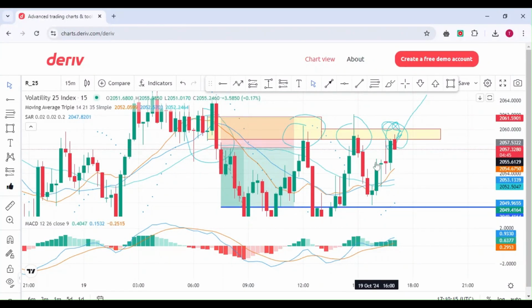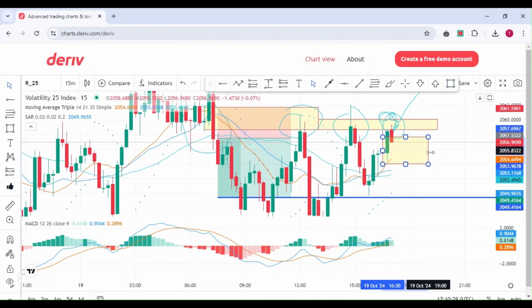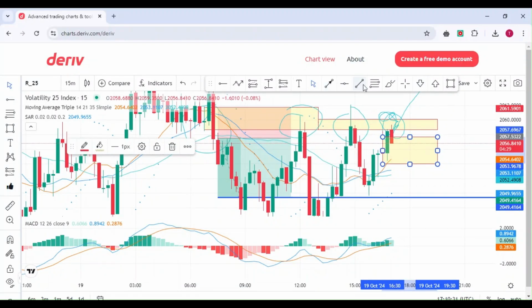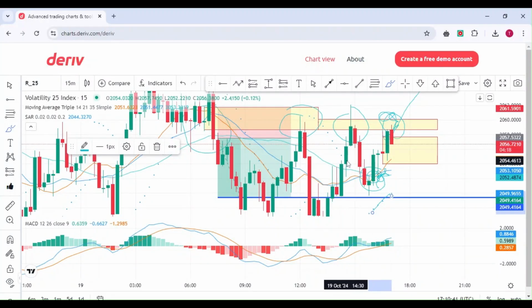So before I conclude, just look at this zone here, the one I've just confirmed. I'm just telling you what things I look at while trading. That acts like somewhere like an order block, and then these three lines have crossed, and these ones I'm waiting on, they have already crossed.